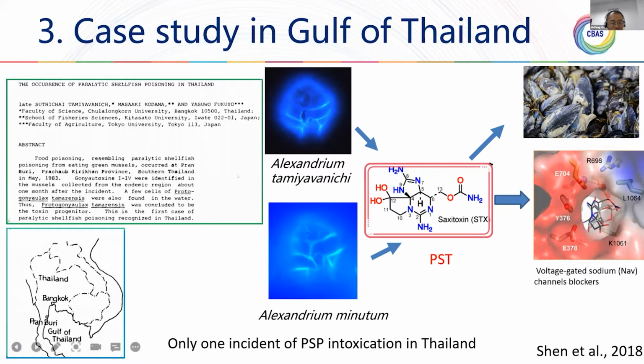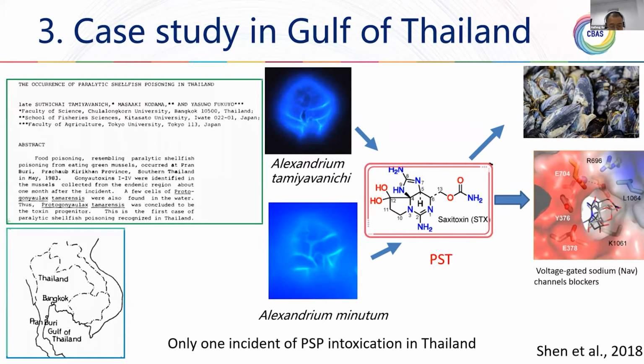The responsible species was originally identified as Alexandrium tamarense, but later was described as a new species, Alexandrium tamiyavanichii. Dr. Tamiyavanich was a professor at Chulalongkorn University and a pioneer in herb research in Thailand. Unfortunately, he died in a car crash during a field survey, so the species is named to honor and memorialize him.